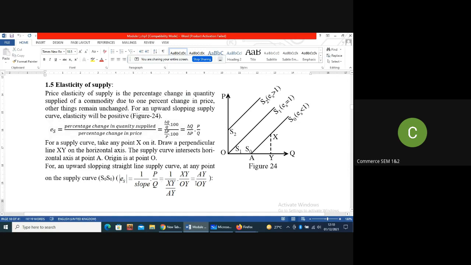But this is a special formula, applicable only if the supply curve is a straight line.